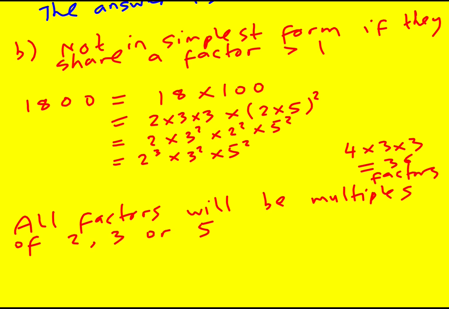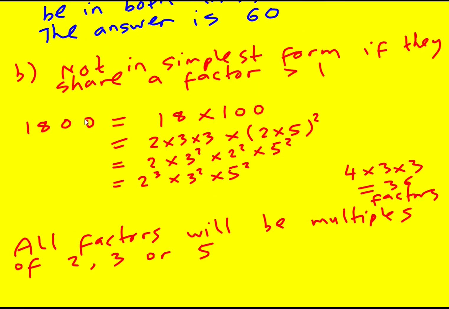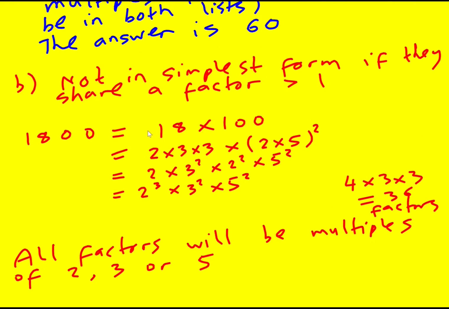Has to be, because those are the factors of 1,800. Of course, they might be multiples of both. They might be multiples of 2 and 5, like 10, for example. But that's where we're going to link into part A. We might be double counting them.